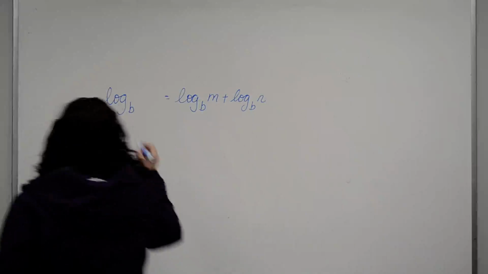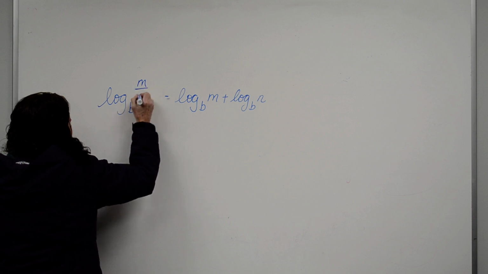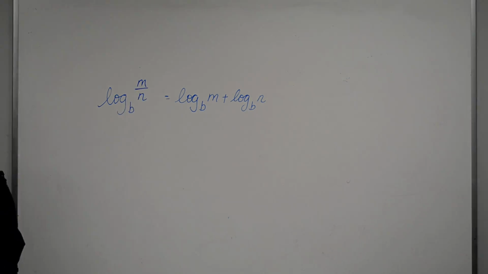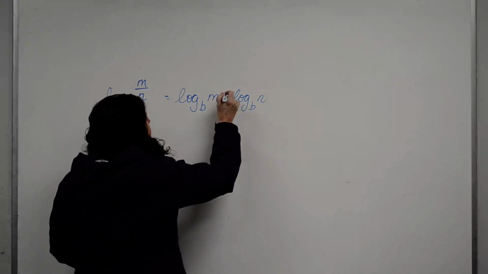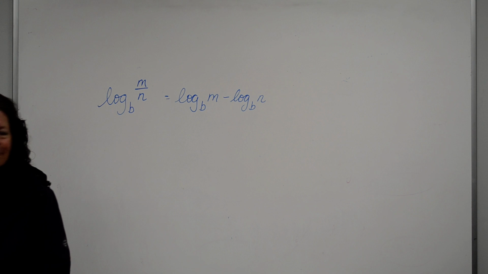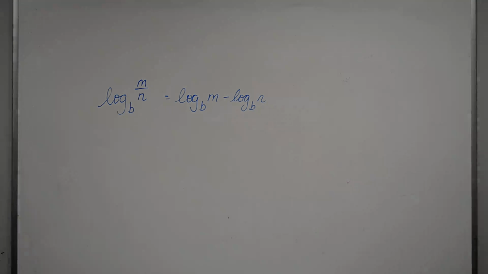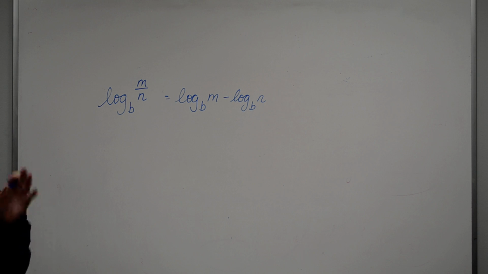Okay, so if I have that, I'm dividing now. Now I have subtraction. So you want to associate multiplication and addition together, and division and subtraction together.